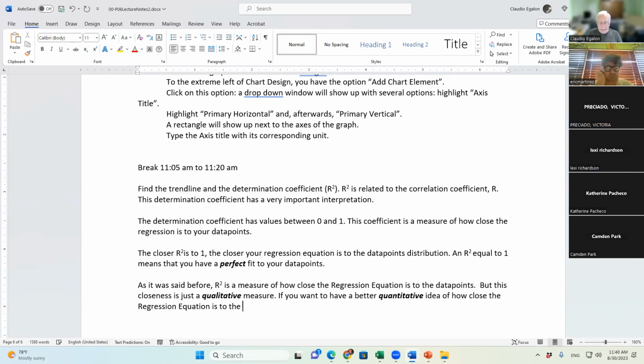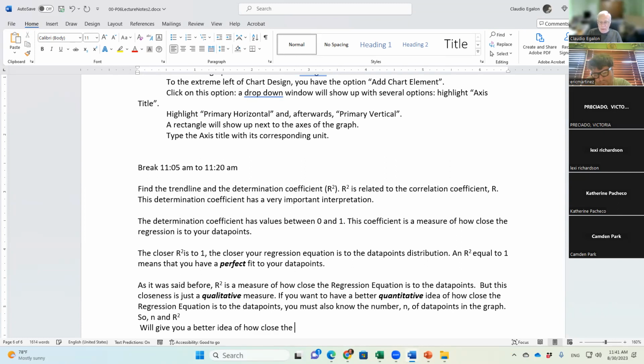to the data points, you must also know the number of data points in the graph, the number n of data points in the graph. So n and R squared will give you a better idea of how close the regression equation is to the data points.